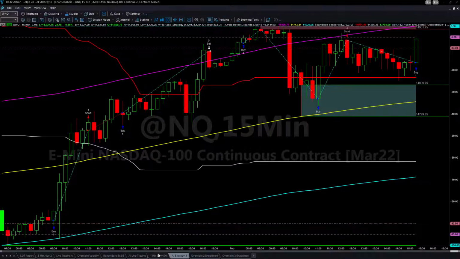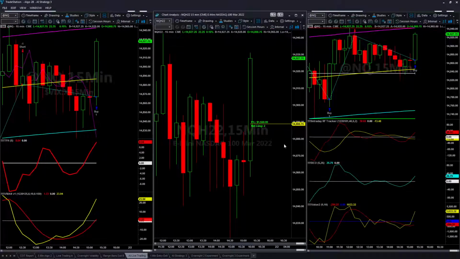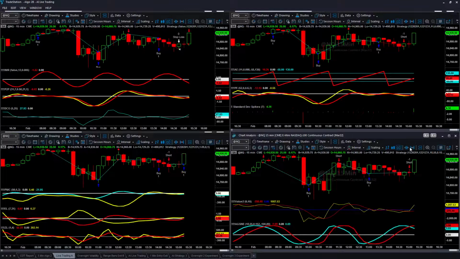I got in on an average price of 14,888 on this right here. Wow, look at that bar. Just take a look here. Holy moly, that's a huge bar.